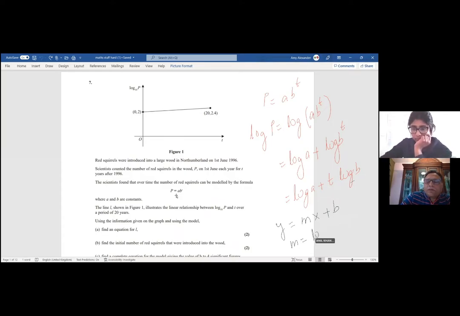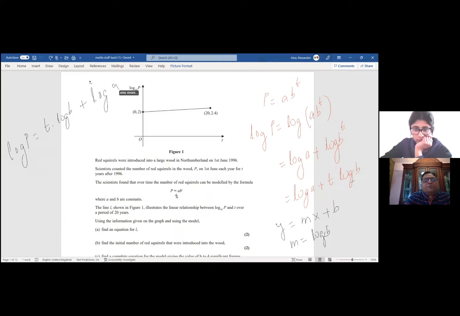T is the variable, x. So I could rewrite this equation as log p equals t log b plus the y-intercept, which is log a. Is that okay?